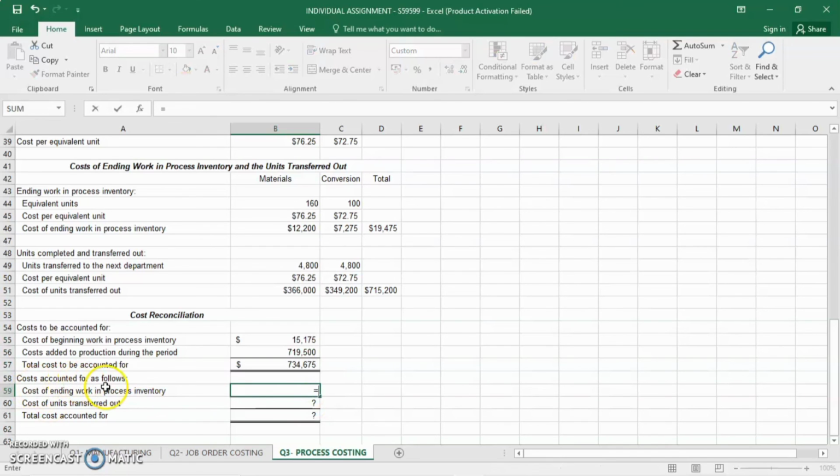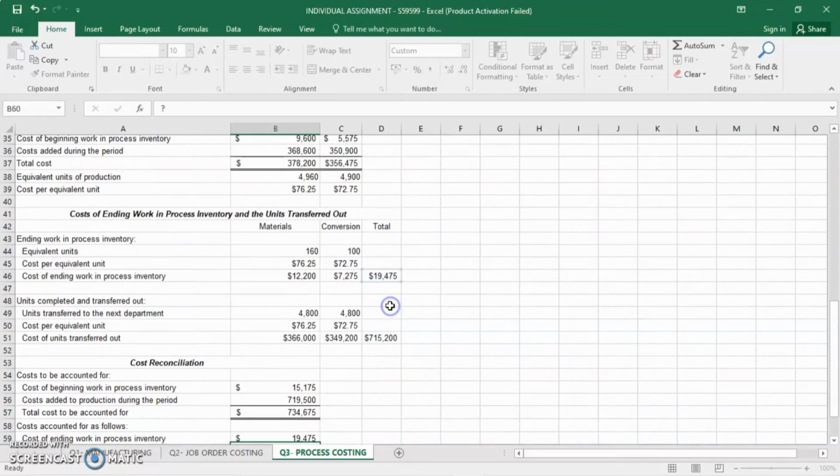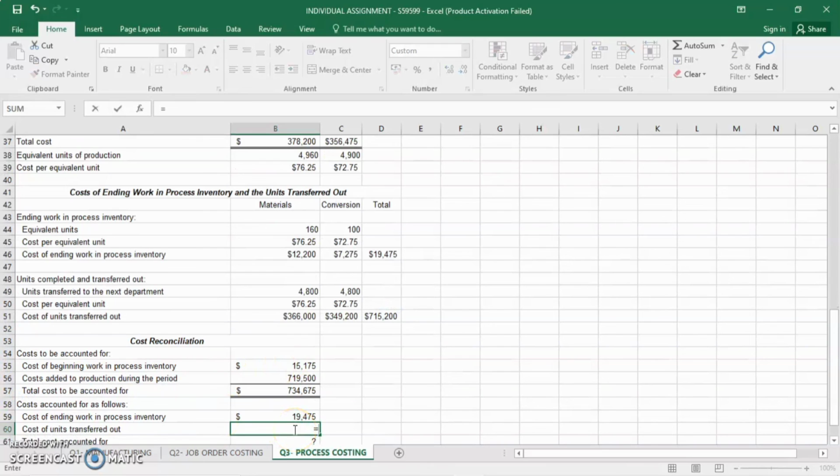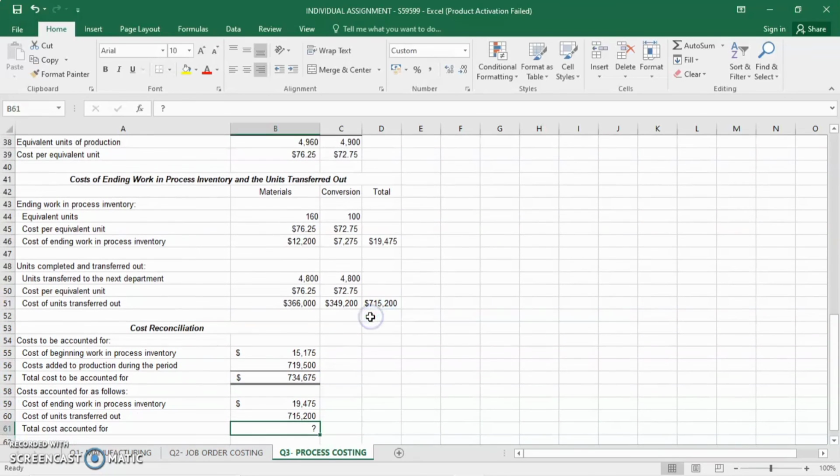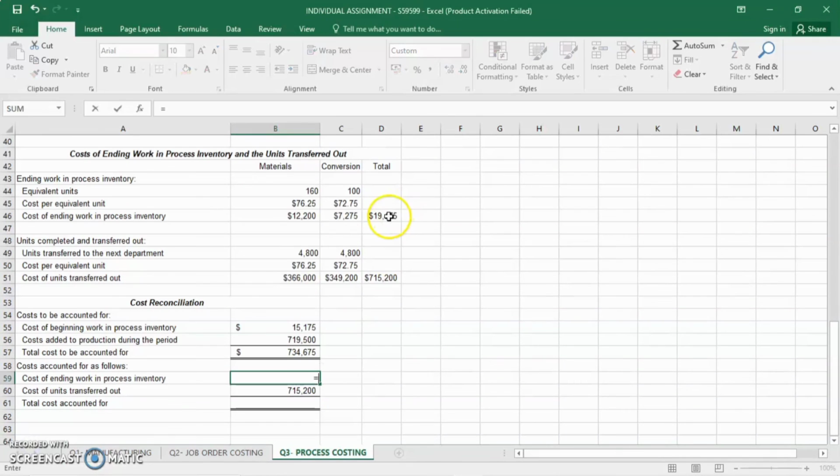And cost accounted for as follows: cost of ending work in process this, and units transferred out this. To get total cost, cost of ending work in process plus cost of units transferred out, and get the sum. The total cost to be accounted for and total cost accounted for are the same.